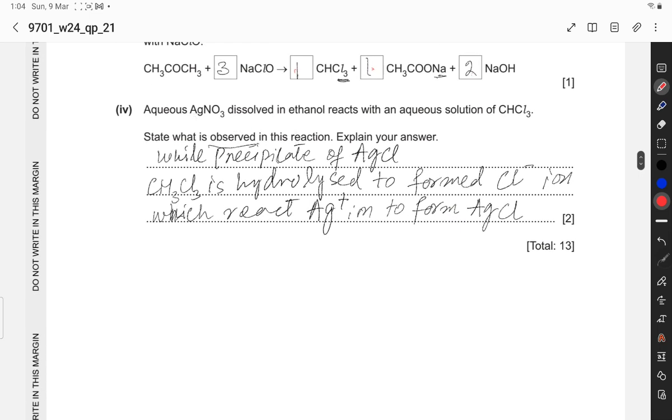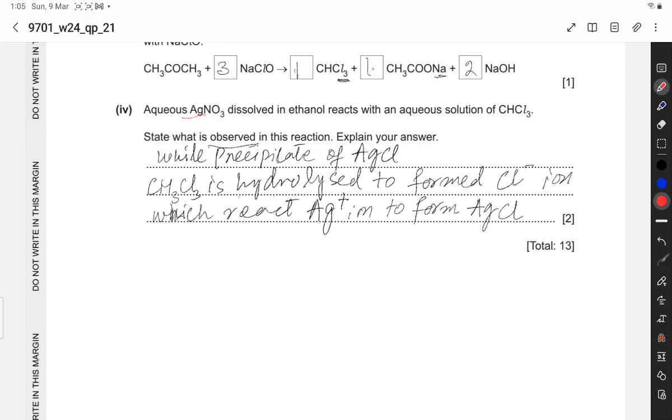Aqueous AgNO3 dissolves in ethanol, reacts with an aqueous solution of CHCl3. State what is observed in this reaction, explain your answer. White precipitates of AgCl is formed when CHCl3 reacts with AgNO3, because CHCl3 is hydrolyzed when it dissolves in water to form chloride ions, and chloride ions react with silver ions to form silver chloride.